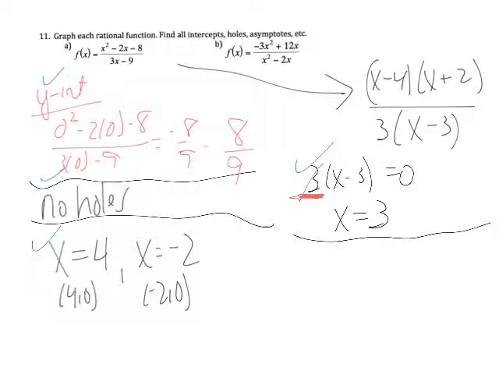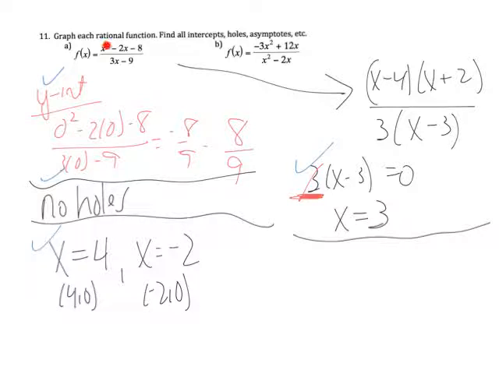The 5th step was the horizontal asymptote, and you had to remember your scenarios. You're looking at exponents, the degree of your numerator and the degree of your denominator. If the degrees were equal, like x squared over x squared, you would just take your leading coefficients.